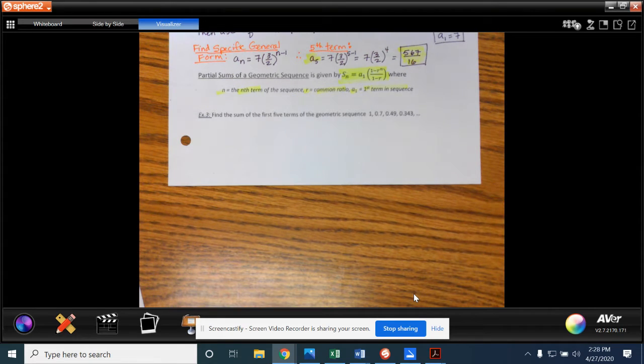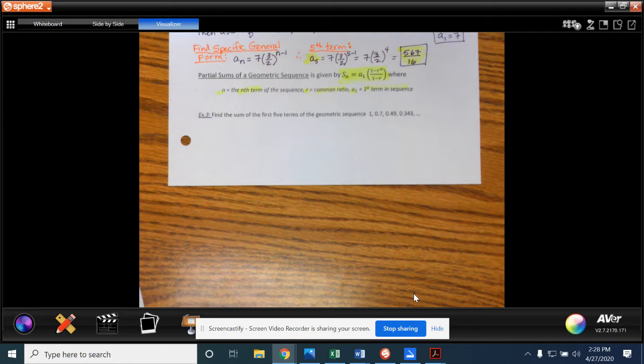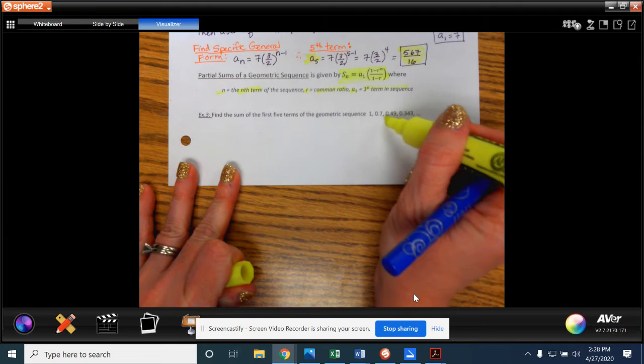So what I need to know for that formula is the A1 and the R and then the N, because this is partial sums. This continues on, but we are not wanting to continue it on. So the first 5 terms, be very careful, even though it has 1, 2, 3, 4.